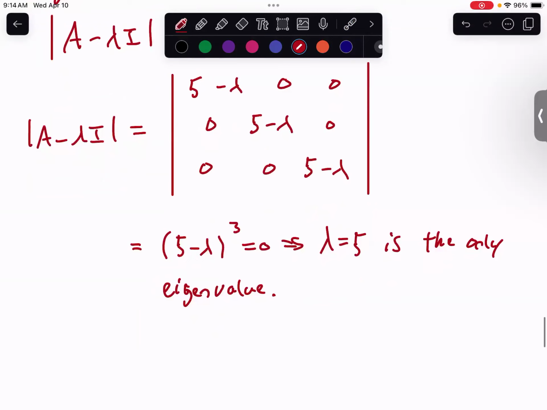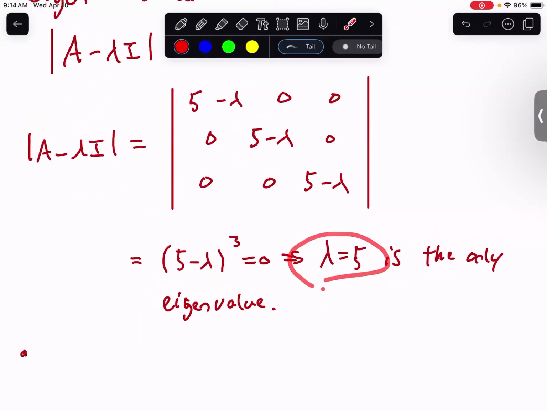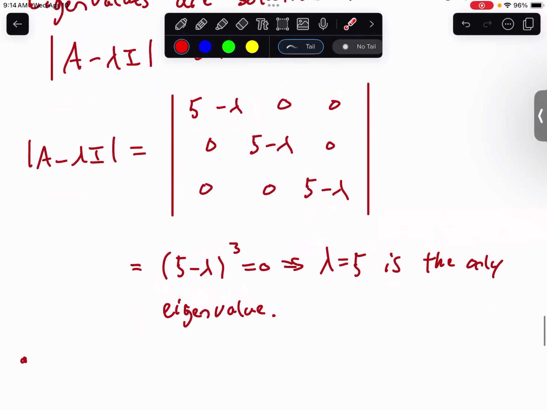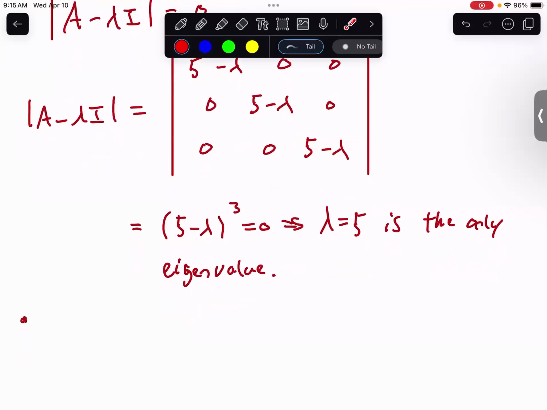And it wants you to find the eigenvectors as well. So the main thing you need to realize is that this gives you exactly what the eigenvalues are going to be. To determine the eigenvectors, you find the null space of A minus 5 times the identity.